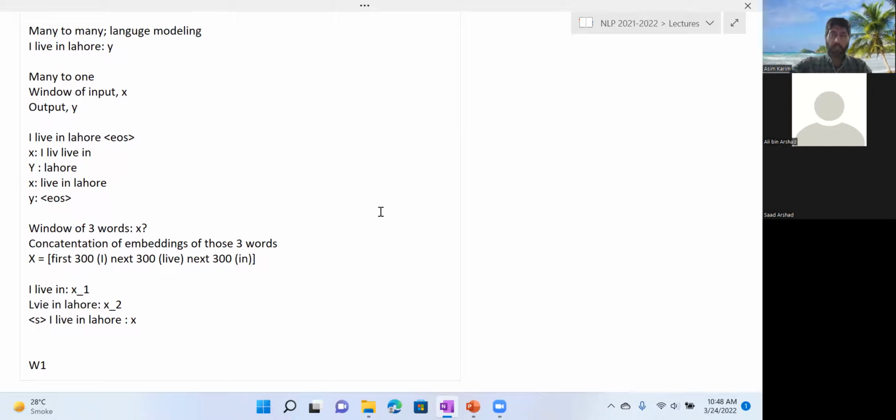The first part of that matrix would be associated with "I" in X1, and in the second vector X2, "live" will be associated with the first part of the weight matrix W1. So the first part of the weight matrix W1 would be confused between "I" and "live". In other words, it will have a harder time trying to understand and distinguish between the different words, because those words' positions would be changing throughout your data set.